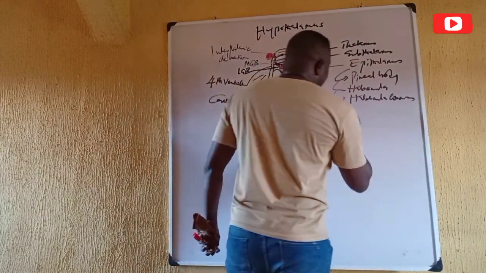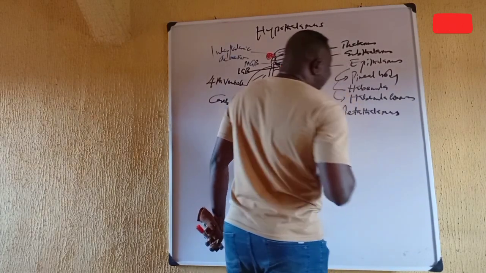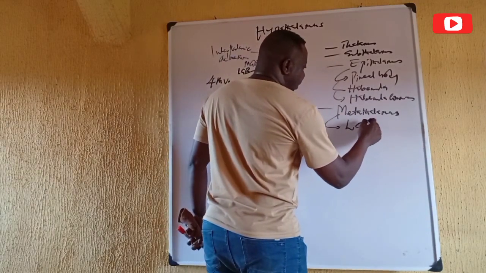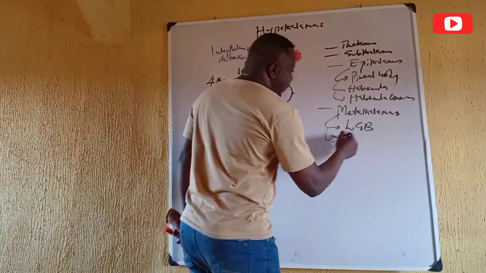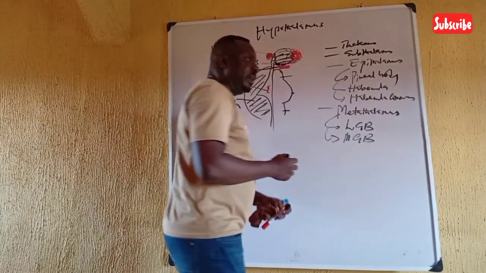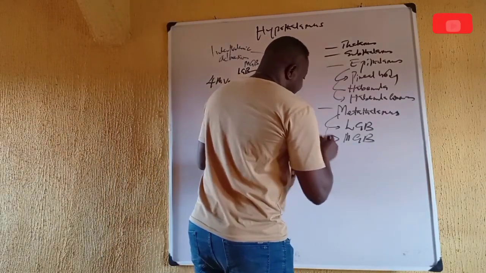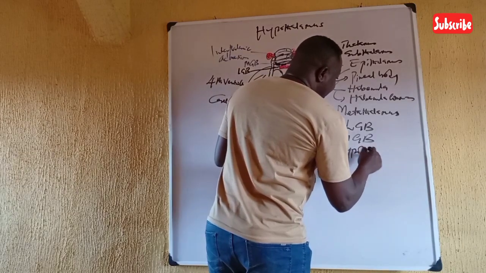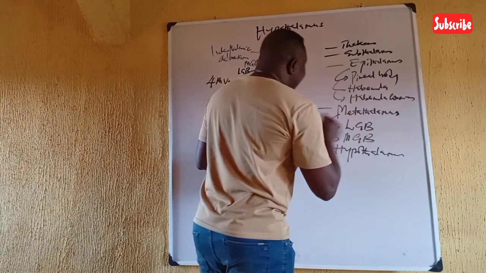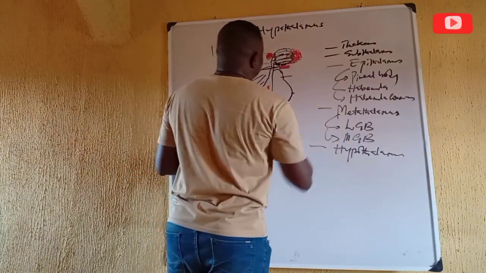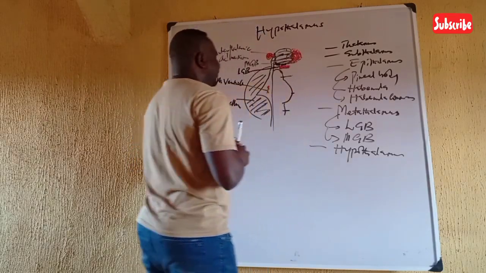And then we have the metathalamus, which consists of the lateral geniculate body, implicated in vision, and the medial geniculate body, involved in audition. Also, we have the hypothalamus as part of the diencephalon. It lies at the ventral part of the diencephalon, anterior and inferior to the thalamus.